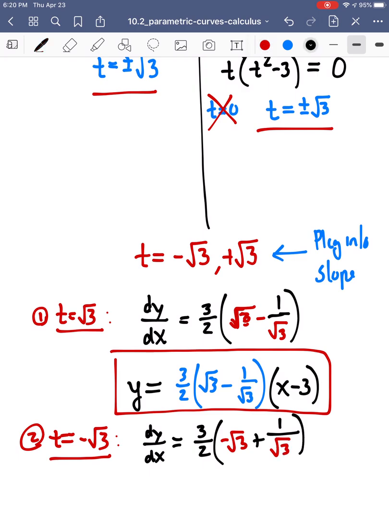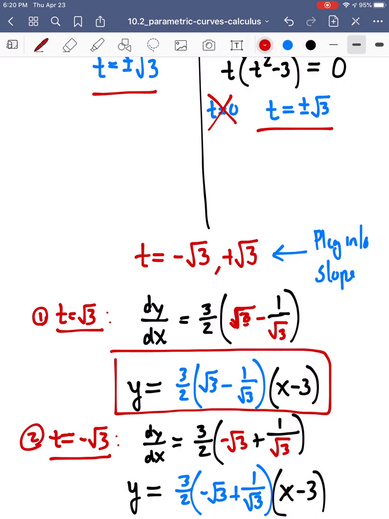And then we can plug that into our tangent line formula. So as previously, that m is now 3/2 times the quantity minus square root of 3 plus 1 over square root of 3 times x minus 3. So we have our two equations of a tangent line.